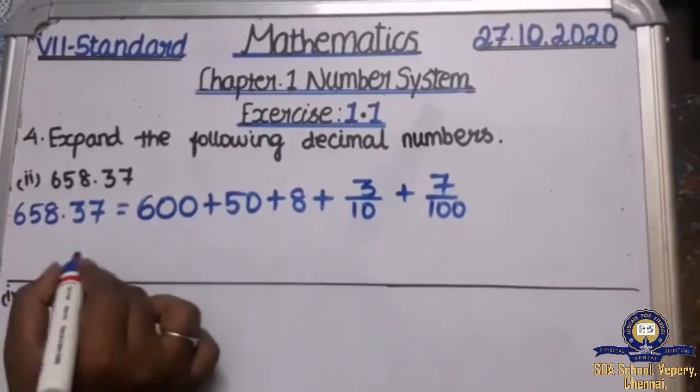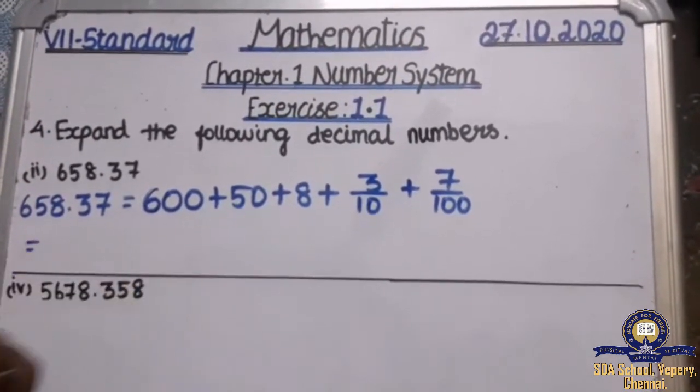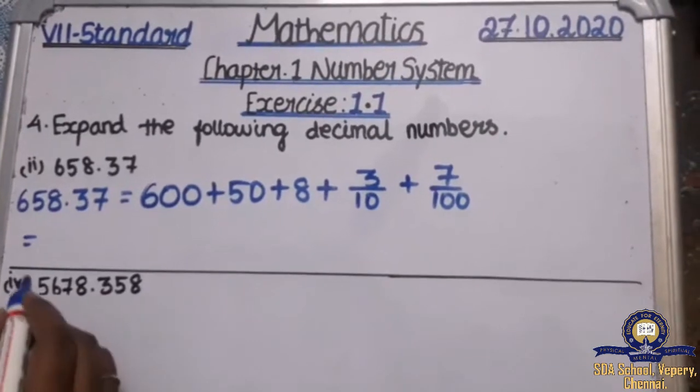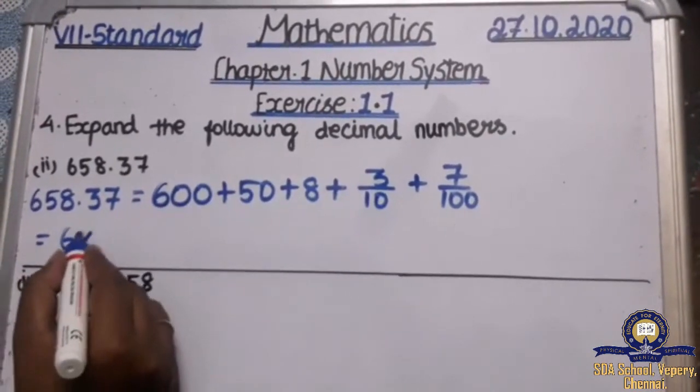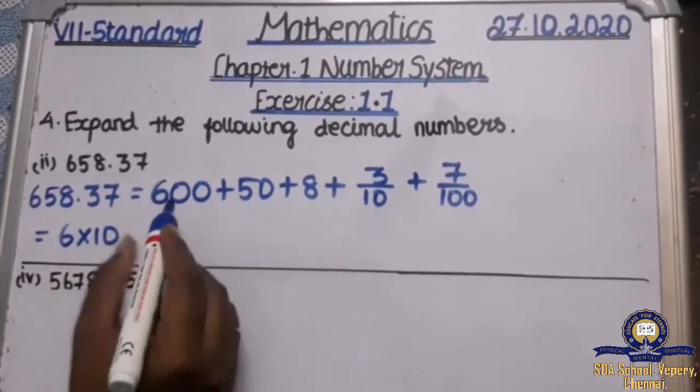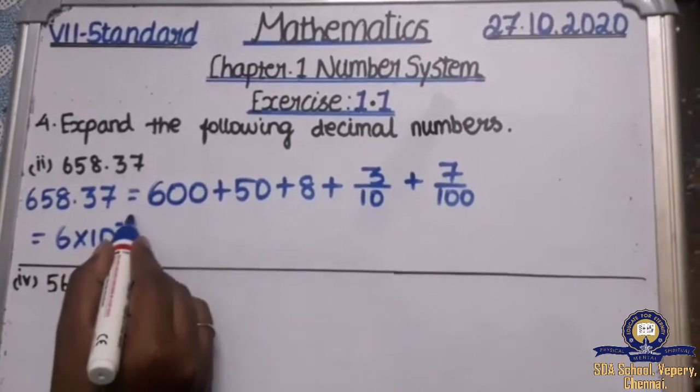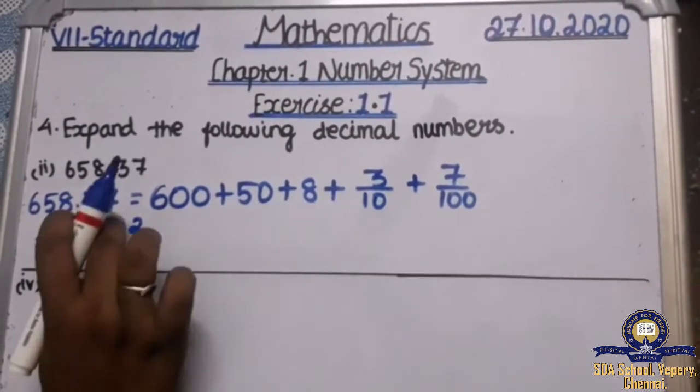Now we need to expand in power terms. So we can say it as 6 into 10 power, how many zeros are there? 2. So 2, which is known as square.